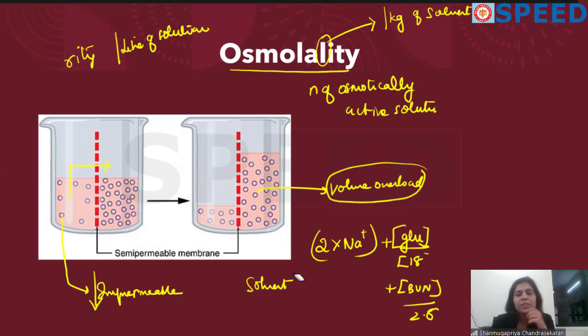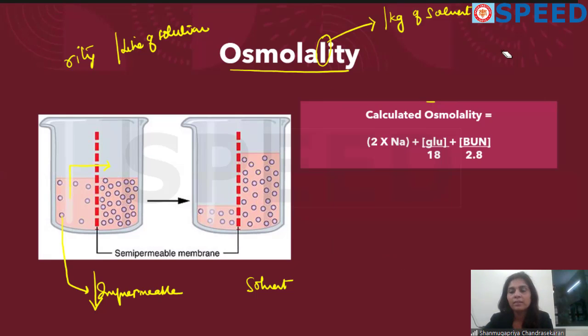The formula for calculating osmolarity or osmolality is 2 into sodium plus glucose concentration by 18 plus blood urea nitrogen by 2.8. I've given you this in the PowerPoint. So this is the formula.